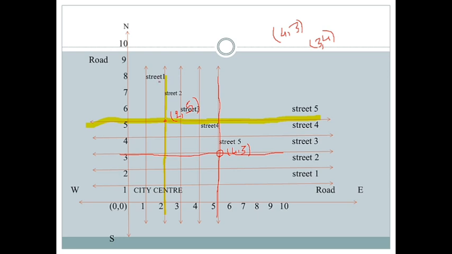This is the third street. This is 1 2 and 3 which is crossing from north to south. This is the third street, and the fourth street is crossing from east to west. So this is the fourth street which is crossing from east to west. So here at this point these two streets are meeting, and we will name it 3 comma 4.